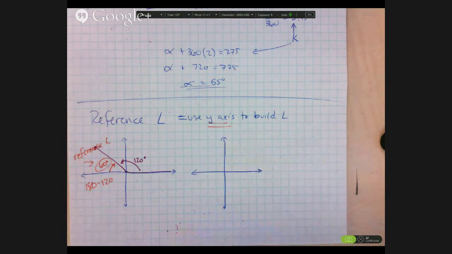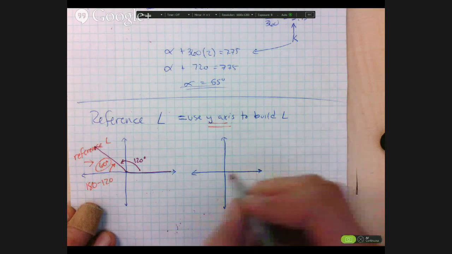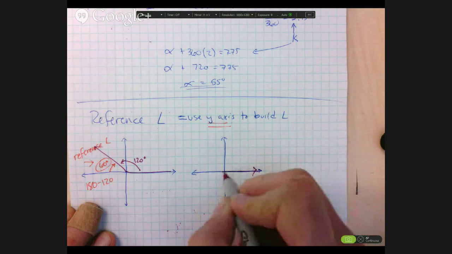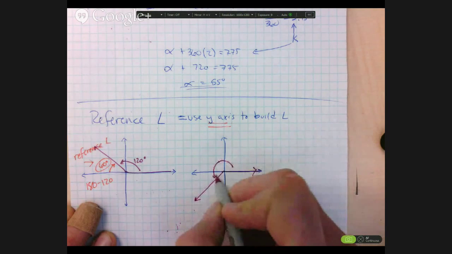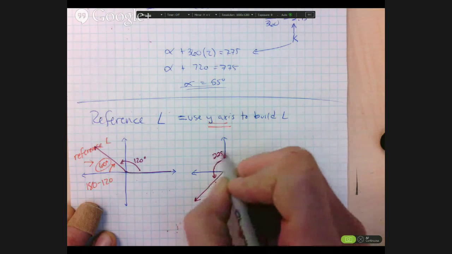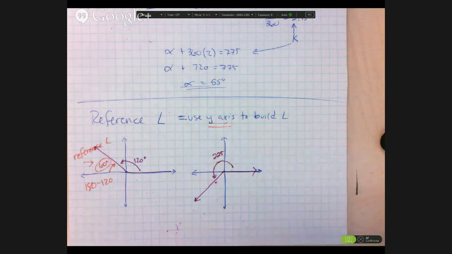What's the reference angle for 225 degrees? Remember, we're always matching it with the y-axis. Anybody?